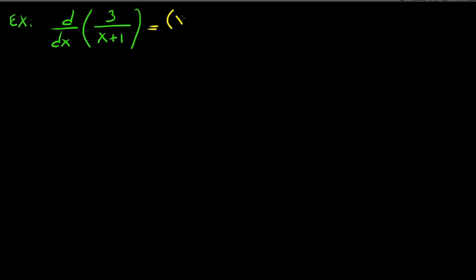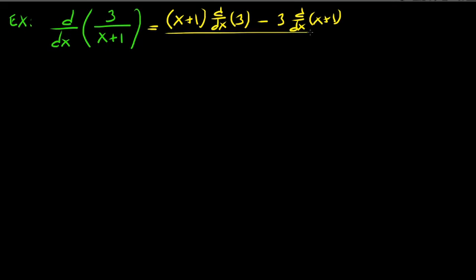Low d high minus high d low. So low d high minus high d low over the square of what's below. Okay. If it helps, right? If that's the way you want to remember it.